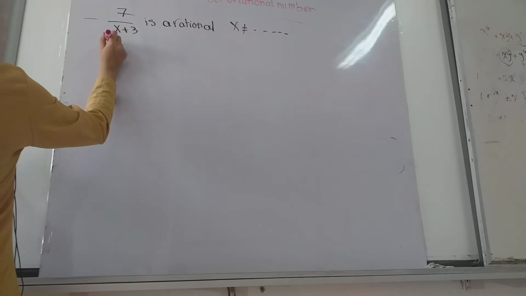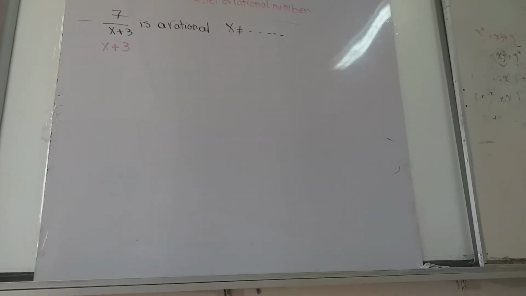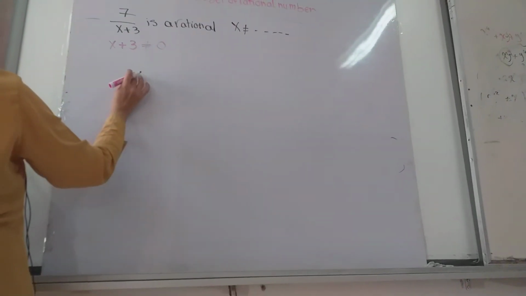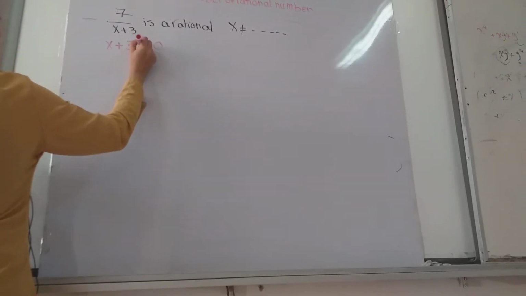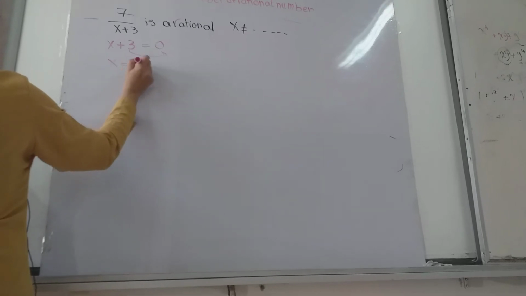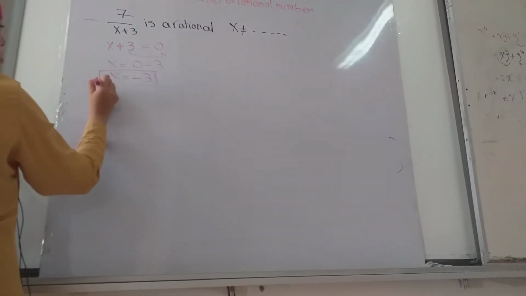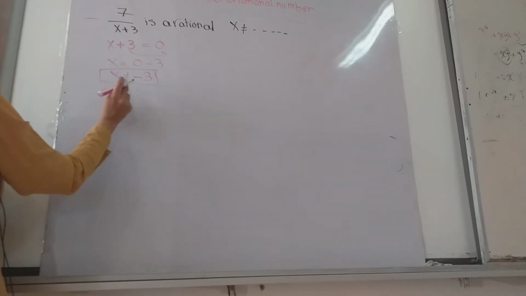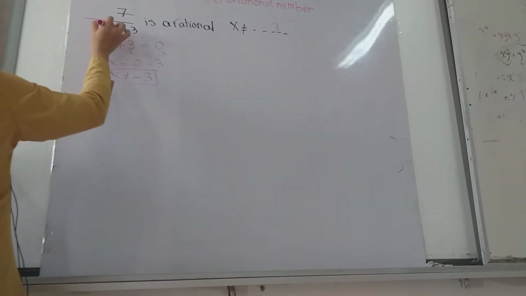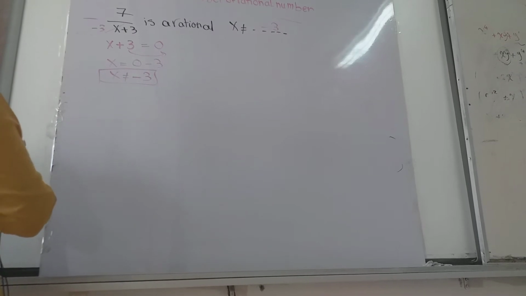So x plus 3 can't equal 0. If it could, we would make it an equation, so x equals 0 minus 3, so x equals negative 3. So x does not equal negative 3. Why? Because if we substitute x with negative 3, negative 3 plus 3 equals 0, so it can't be a rational number.